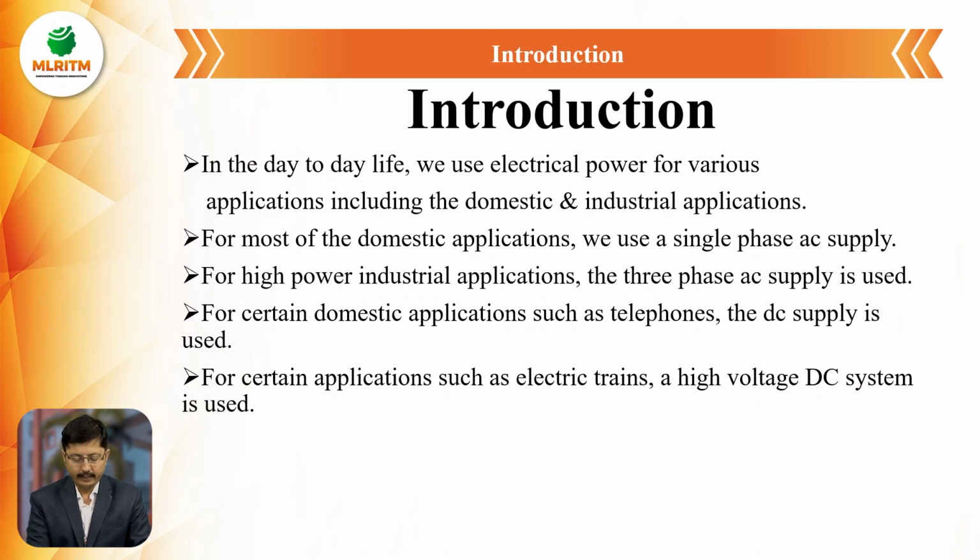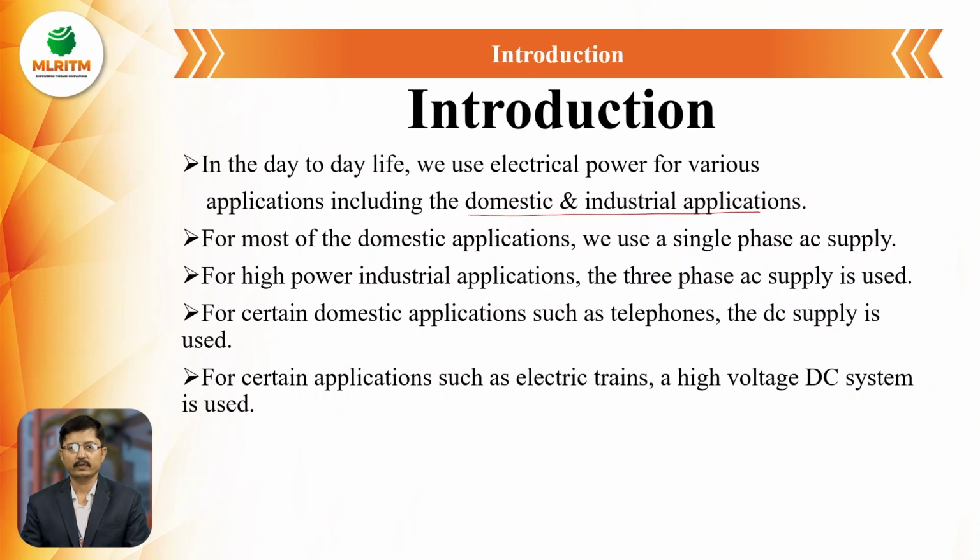In day-to-day life we use electrical power systems for various applications, including domestic, industrial and agriculture purposes, and we use AC supply compared to DC supply. 90% of the electrical appliances we use are AC appliances only.